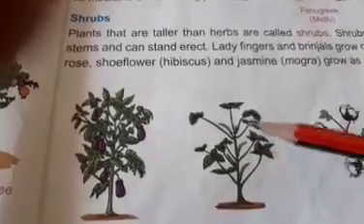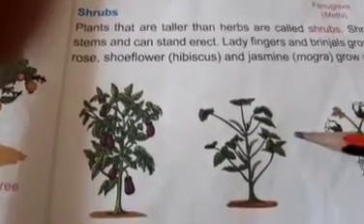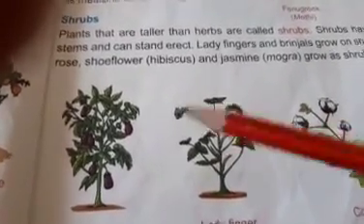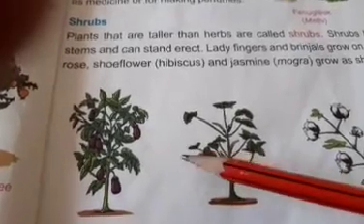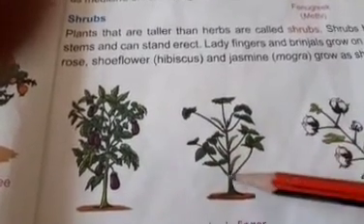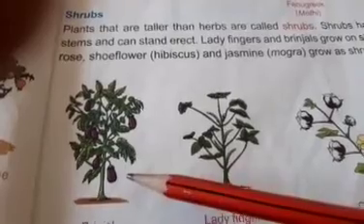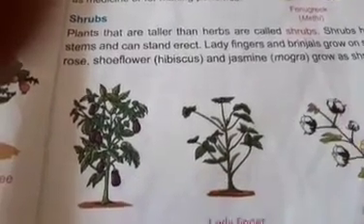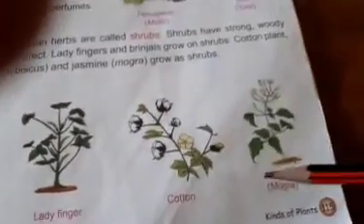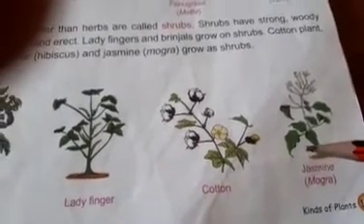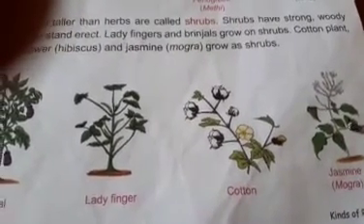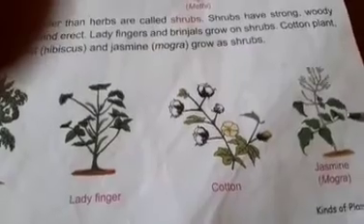Ladyfinger and brinjal grow on shrubs. Cotton plants, rose plants, hibiscus, jasmine, mogra are shrubs.